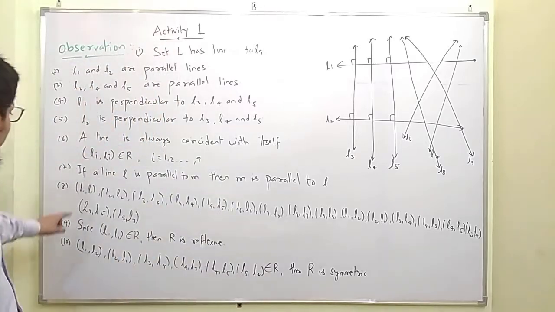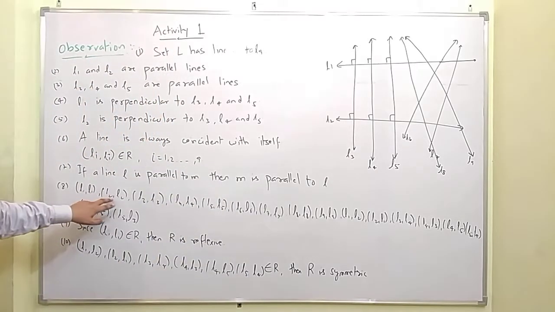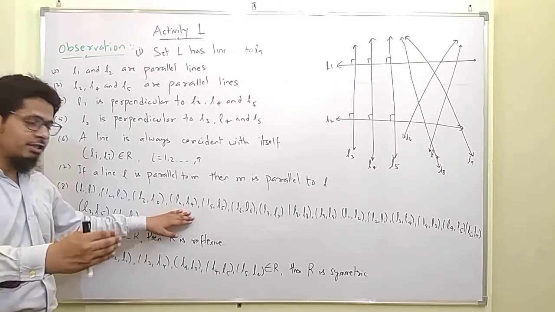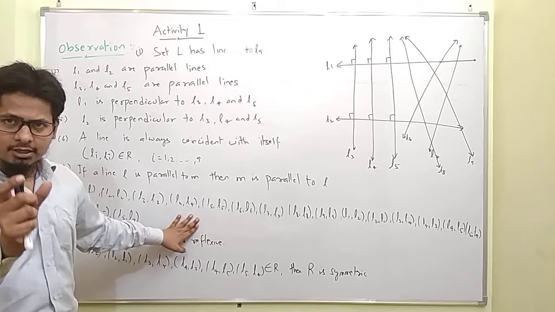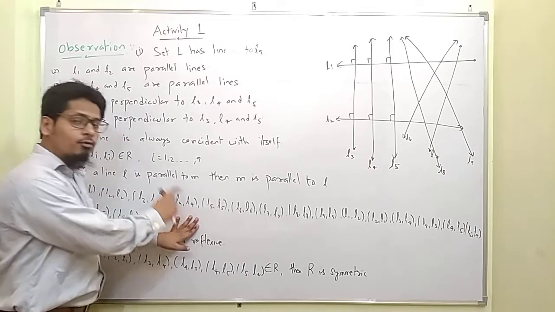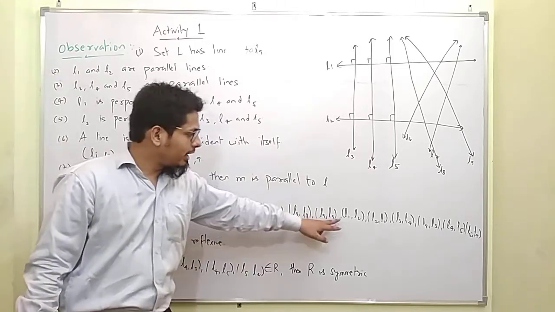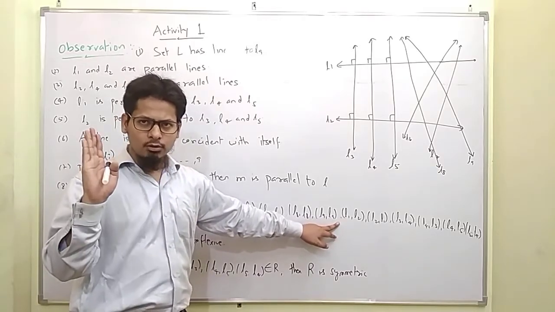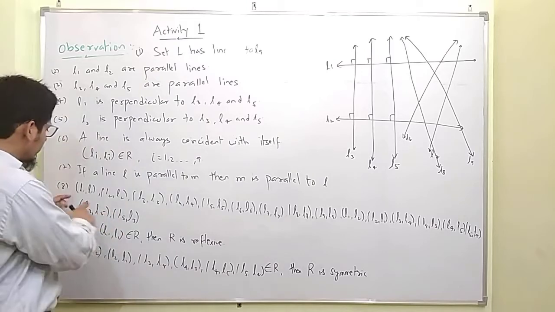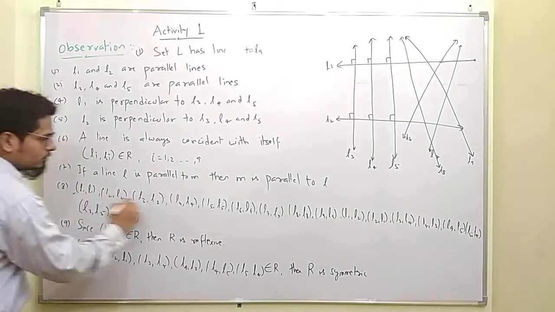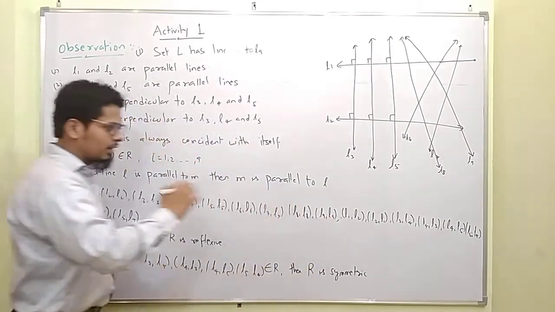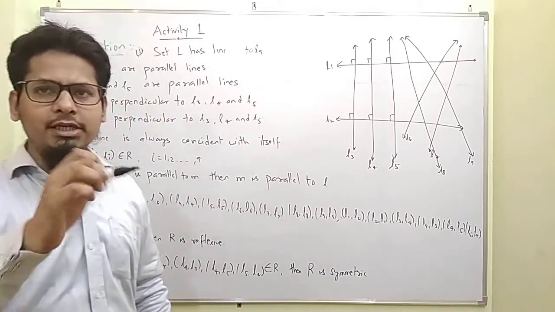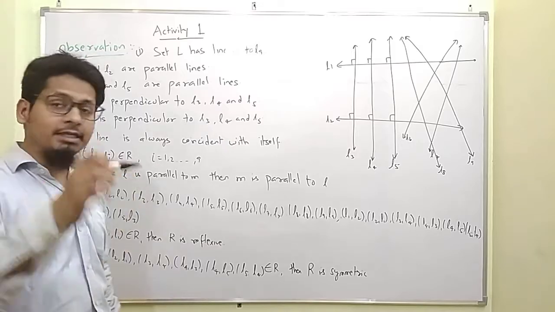So I mentioned L1 comma L1, L2 comma L2, L3 comma L3, L4 with L4, going up to L9 comma L9. Okay, this is finished. From here to here I have written all the pairs where the lines are coinciding with themselves.